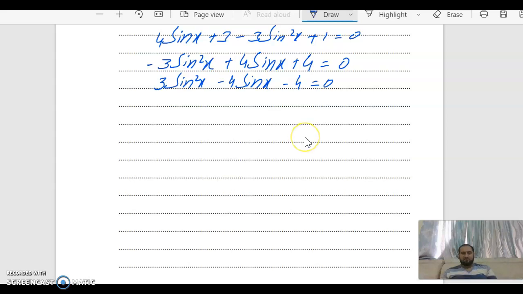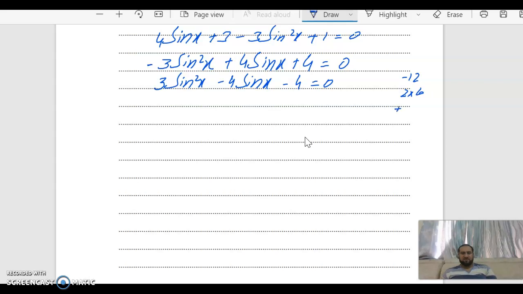If we wish to factorize this, the coefficient of sine square is 3, so 3 times minus 4 gives minus 12. Now we need to look for factors of 12. Let's try 2 times 6.